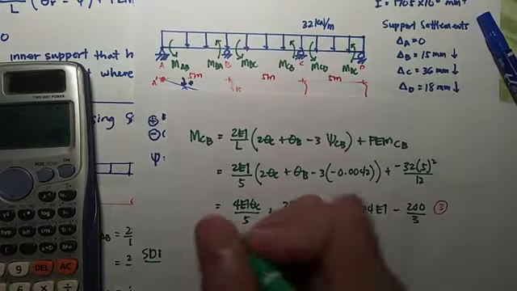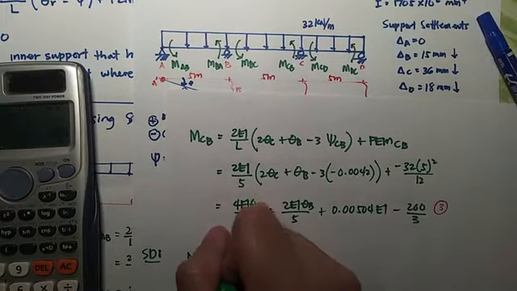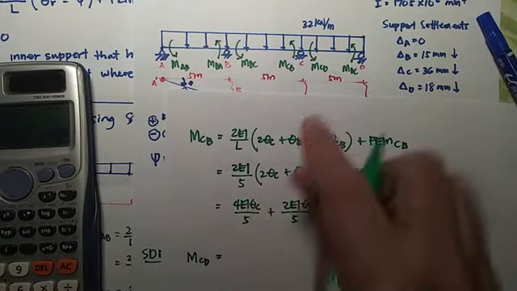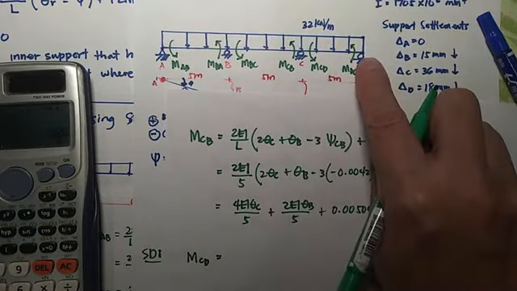Okay, next. How about for member CD? MCD. Diba ang MCD is a segment with a roller at the end of the support.